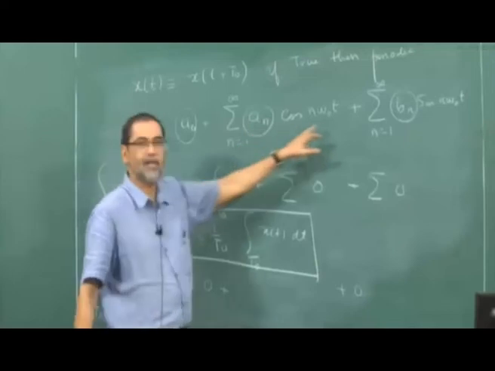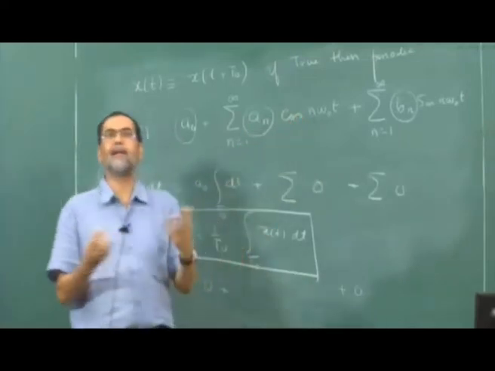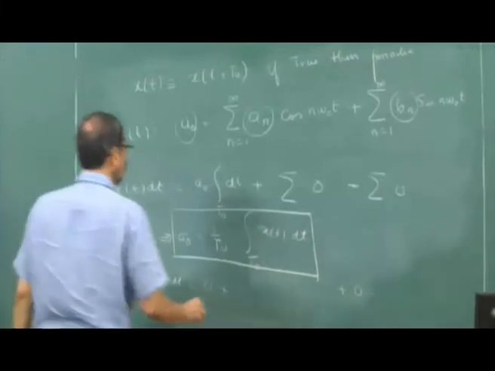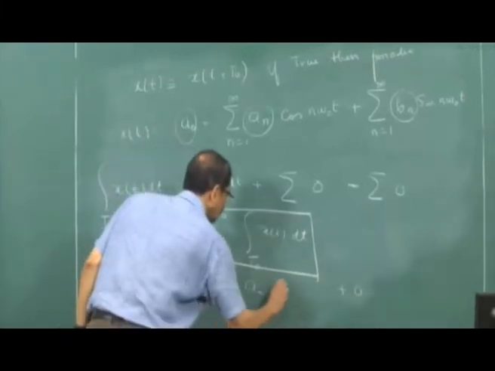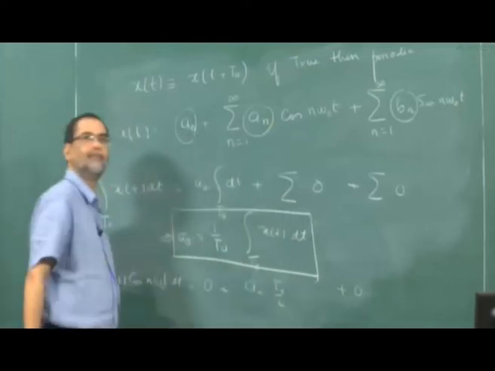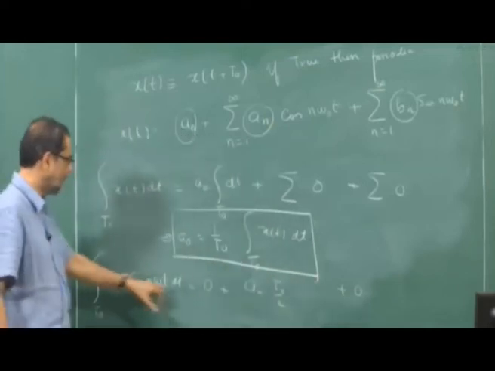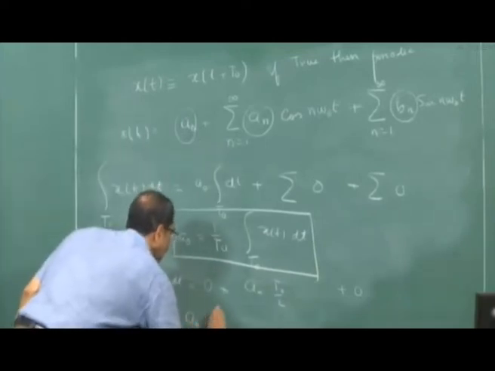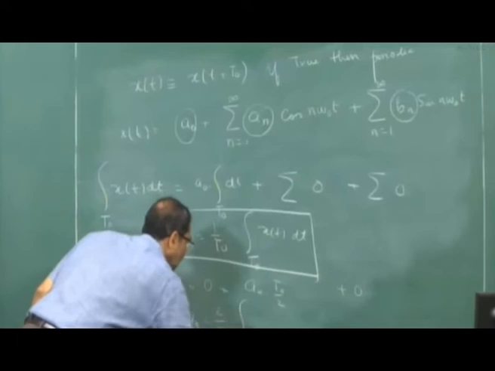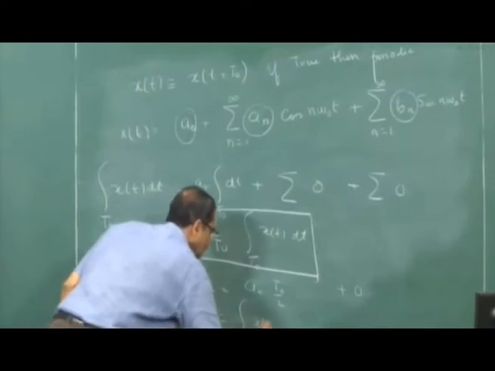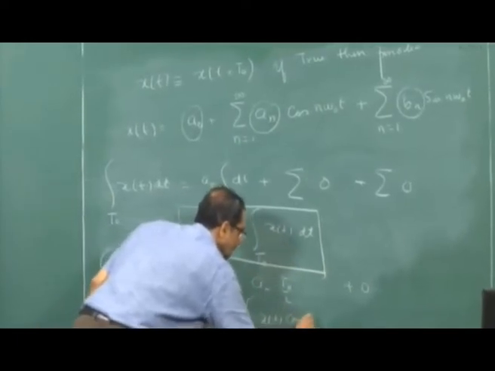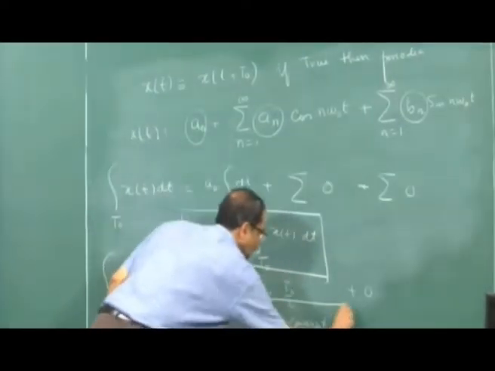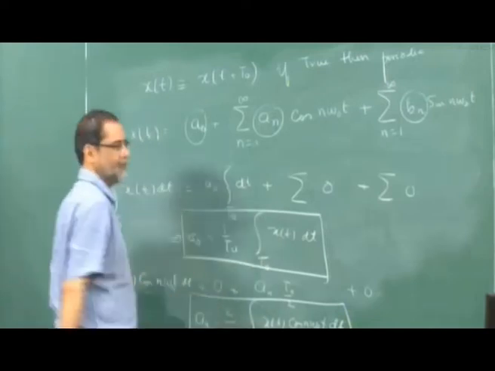In this summation, as long as m and n are different, they will integrate to 0. So only one property I am left with. So I get a n into T naught by 2. So this is n, this is n. This means a n is 2 by T naught into the integral of x of t cos(n omega naught t) dt. That is how I can find out the values of a n.